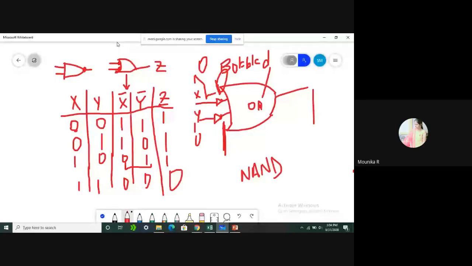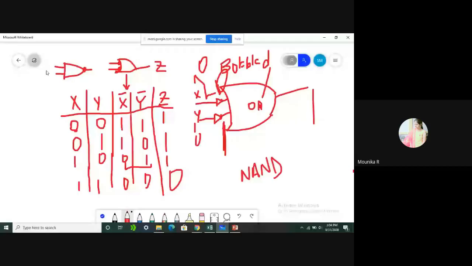Sir, doubt, sir. Yeah, tell me. In that OR gate, if A is 1 and B is 0, the output is 0? Here X is 1, Y is 0.